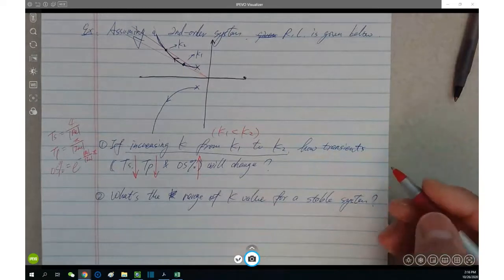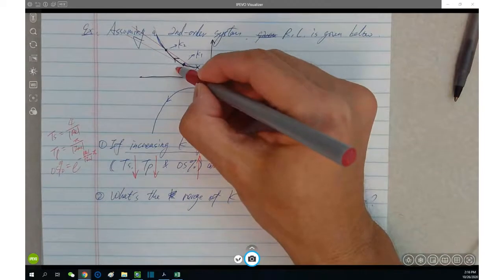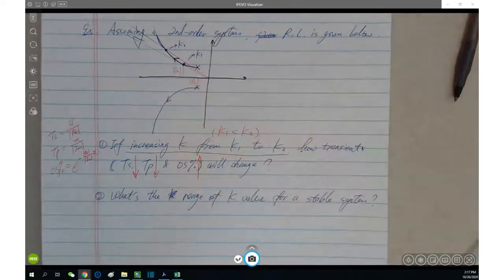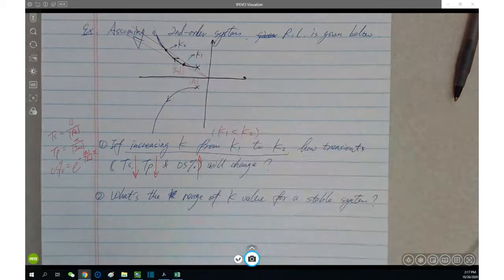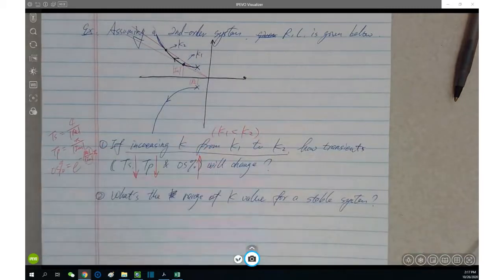By the way, what is a slope? Slope means imaginary part magnitude over what? Real part magnitude. So from point 1 to point 2, what happened to this guy? What happened? Decreasing, right? Does it make sense?